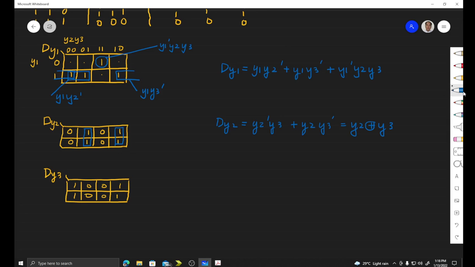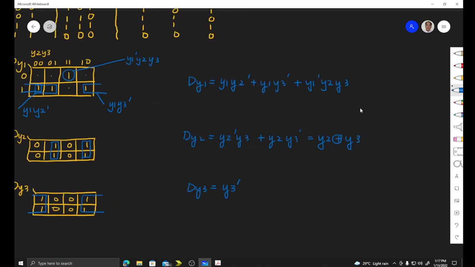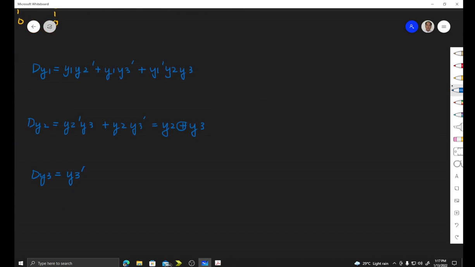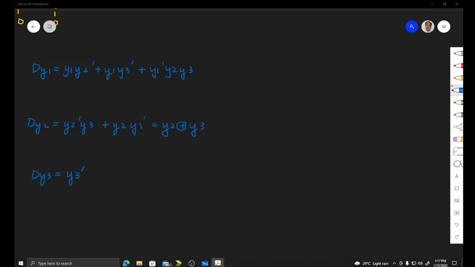So let's do mapping for this one. So we have dy3 equals, so y1 cancels, so we have y3 prime. Then we will use this equation to draw our circuit. Then that circuit will be used to derive our code for our Verilog.